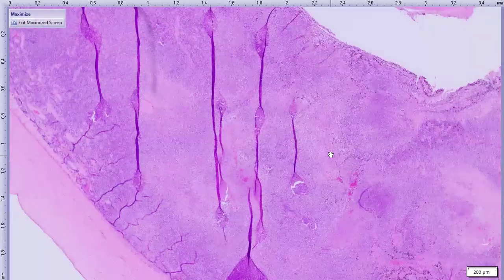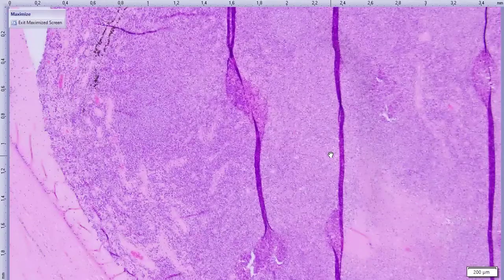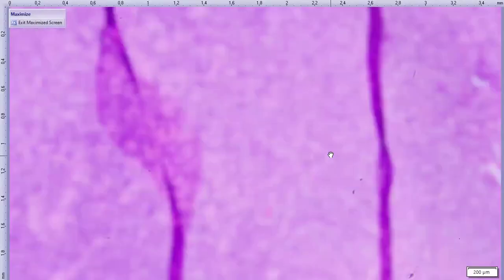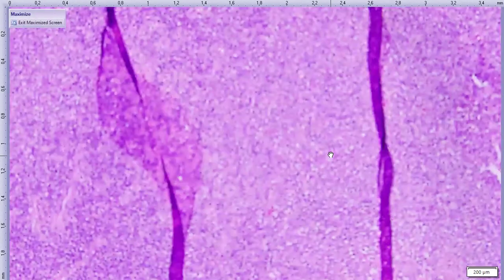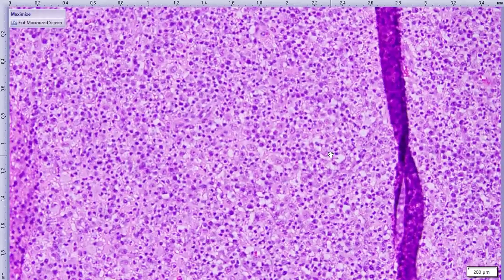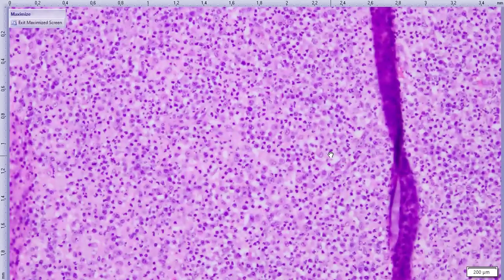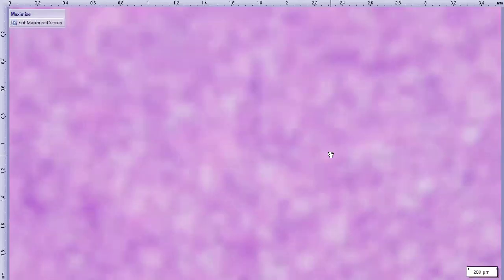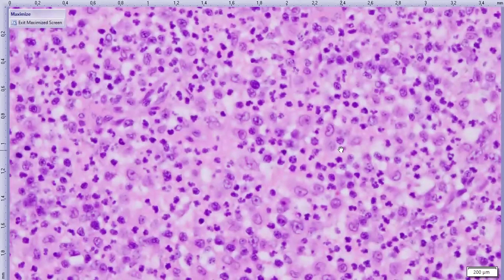So if we go closer and look at the cells that are making this up, we're going to try to rule out or figure out if this is a neoplastic population or an inflammatory population. And as we get closer, I get it in focus here, we can see that it is a mixed cell population.